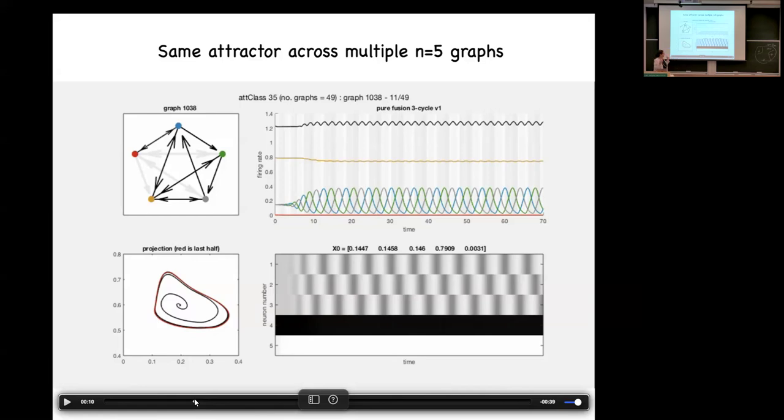And it kind of gives you a sense that, so maybe I'll use this picture. Suppose I have a network here with this particular attractor number 1, and there's a whole bunch of other networks that have the same attractor.